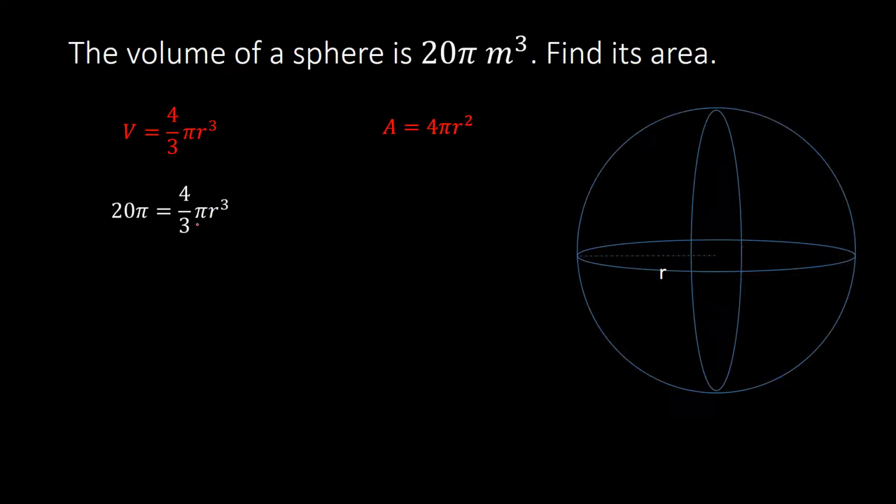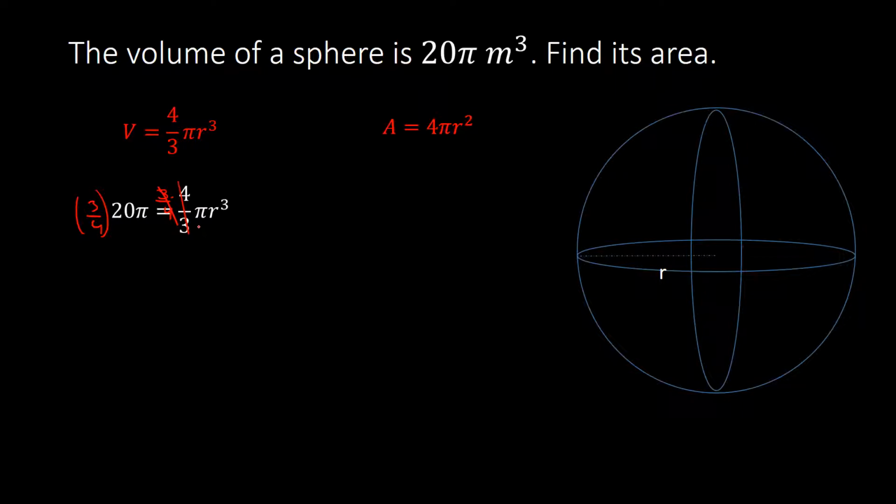From here I can solve this for r by getting rid of the 4/3 and the pi. I divide both sides by 4/3 and pi. Dividing by 4/3 is the same thing as multiplying by the reciprocal, which is 3 over 4. So I'm multiplying both sides by 3 over 4.